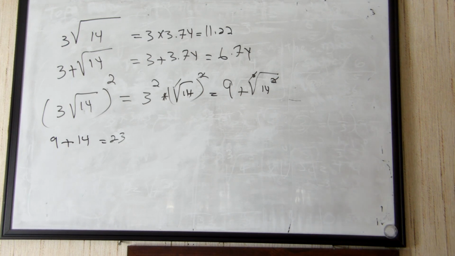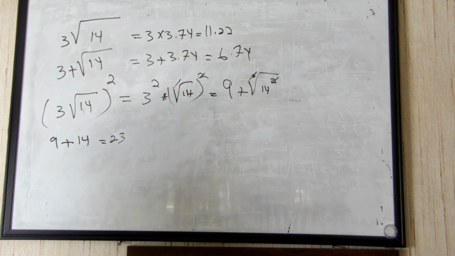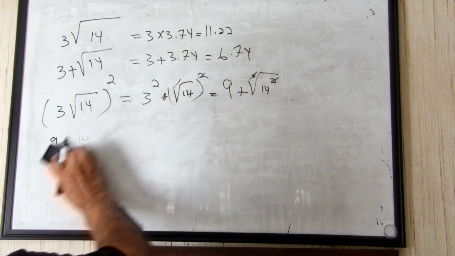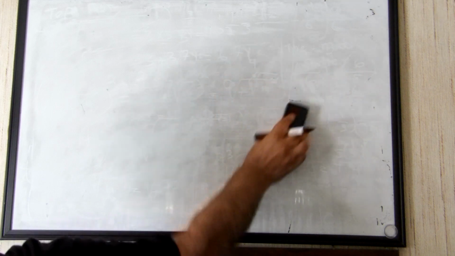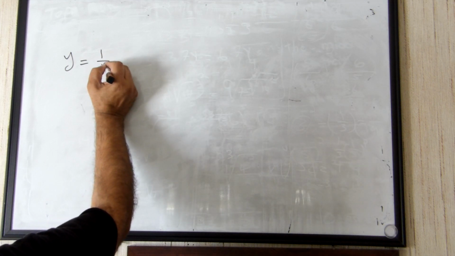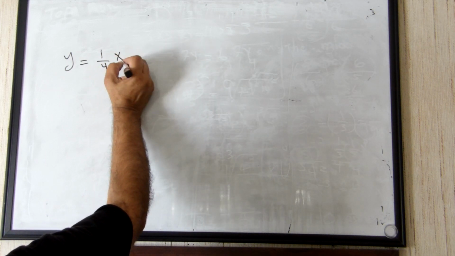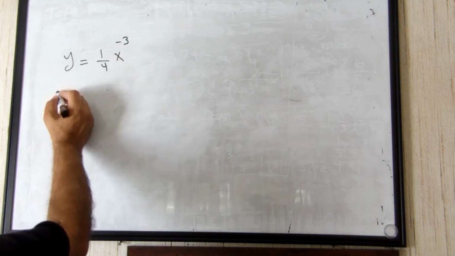Just before we get into derivatives, we are going to talk a little bit about that. If you have y equal to 1 over 4 x to the power of minus 3, how do you get the derivative of it?